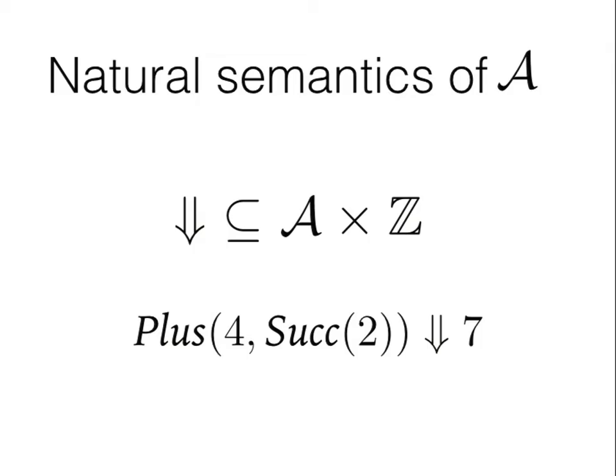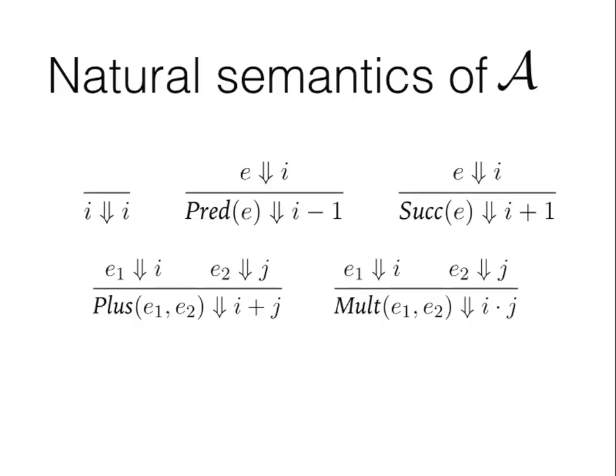And I'm going to define it using inference rules, just like we saw how expressions were defined. So I've got a set of inference rules here, and there's one for each kind of expression. Integers just evaluate to themselves: 5 evaluates to 5.